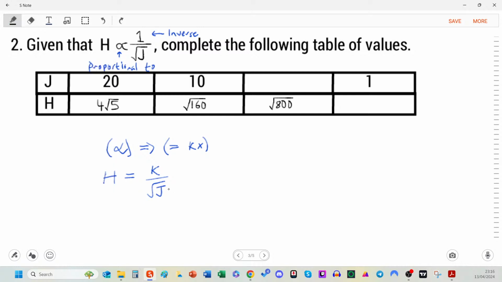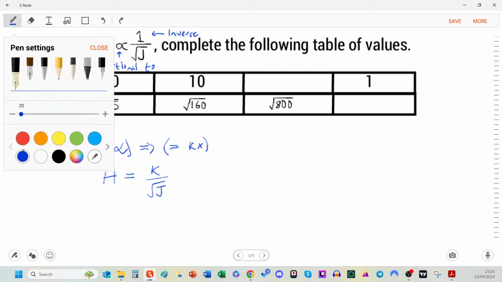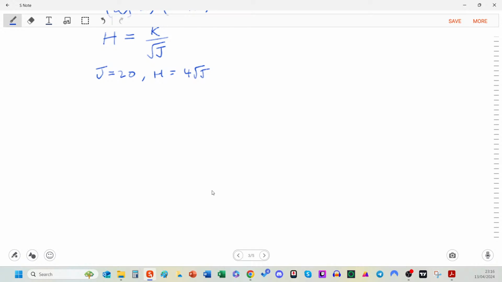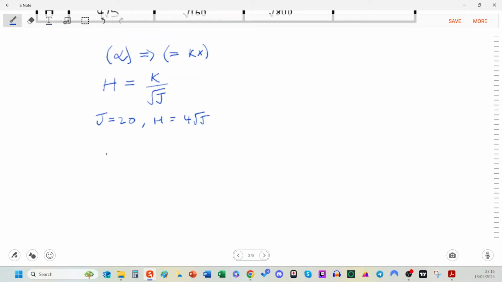Because when j is 20, h is 4 root 5, we know the value of it. Let's change to the right pen. So we can write that j equals 20, h equals 4 root 5, showing the working out. By putting this in, we're going to find the value of k.